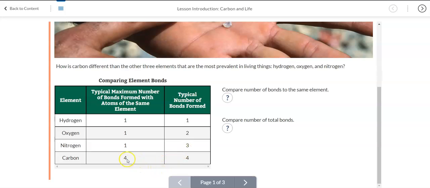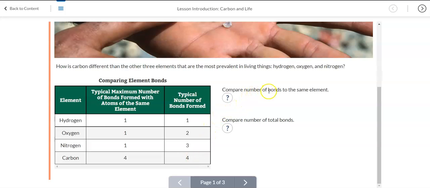And carbon, which is really our topic of conversation for today, can form 4 bonds with another atom of carbon, and it can form 4 bonds with most other elements on the periodic table. So that's interesting.